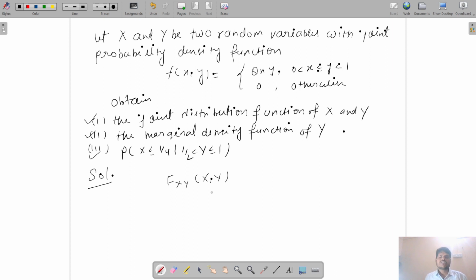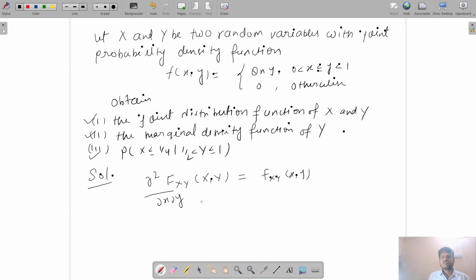And my dear students, there is a relation: f of x, y in small x comma y equals the second partial derivative del square F over del x del y. We will use this relation to solve this problem.